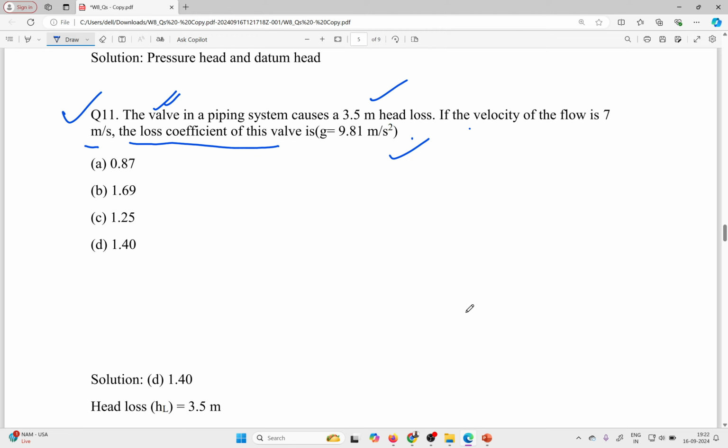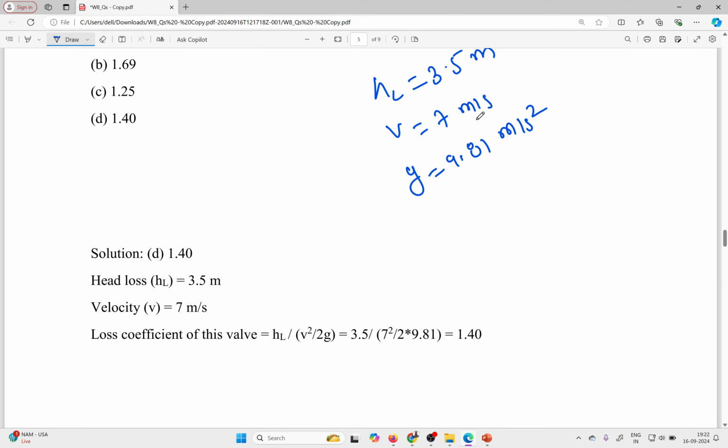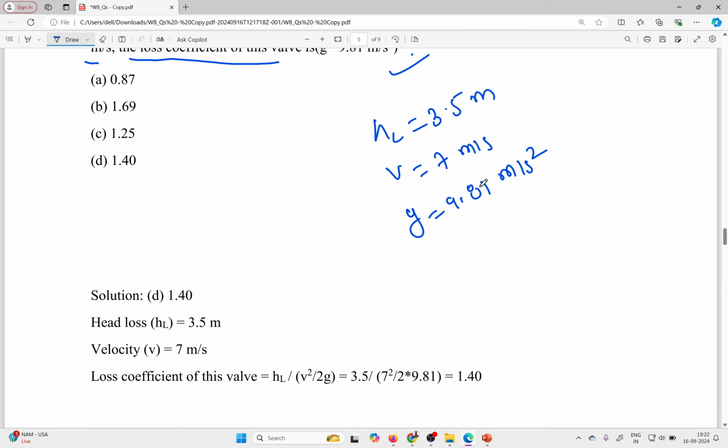In the question, actually head loss HL is given as 3.5 meter. Velocity is given as 7 meter per second and g value is given 9.81. Now, here it is talking about your loss coefficient.